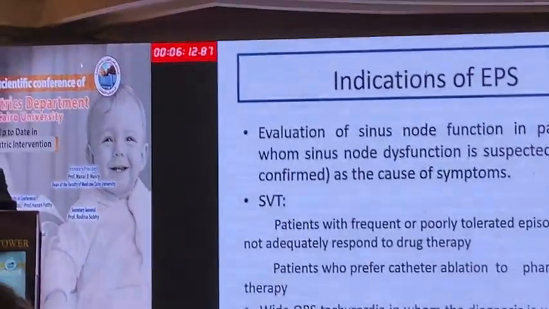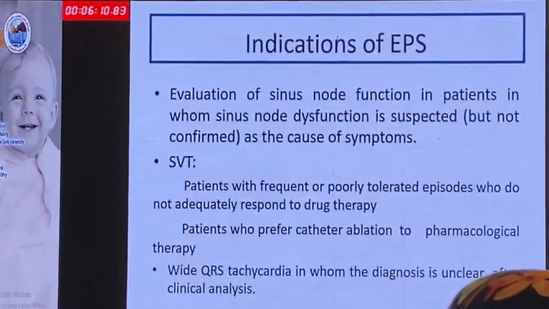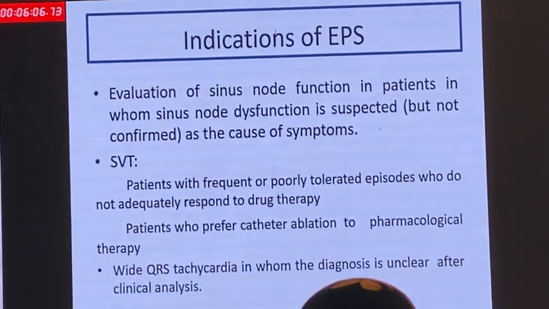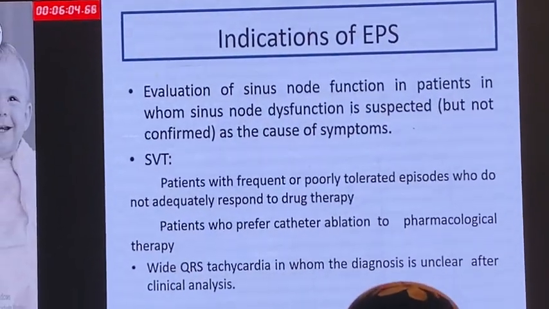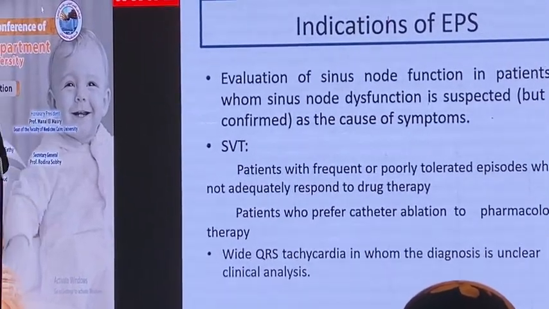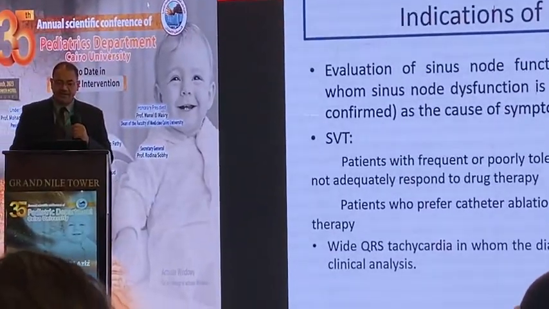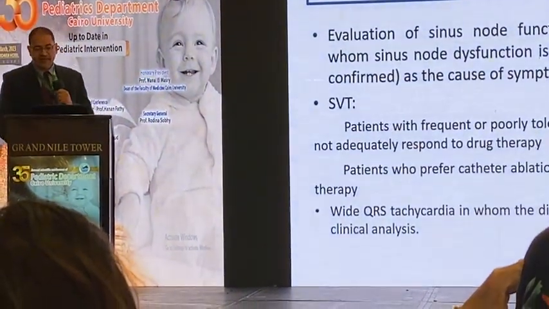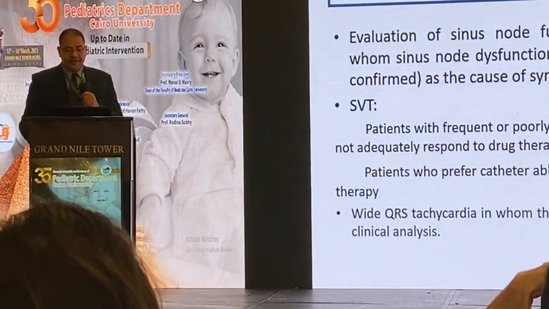What are the indications of electrophysiological studies in children? For evaluation of sinus node dysfunction. In patients with supraventricular tachycardia, not in all patients, but in those with frequent or poorly correlated SVT. Also in some patients who prefer catheter ablation over pharmacological therapy.